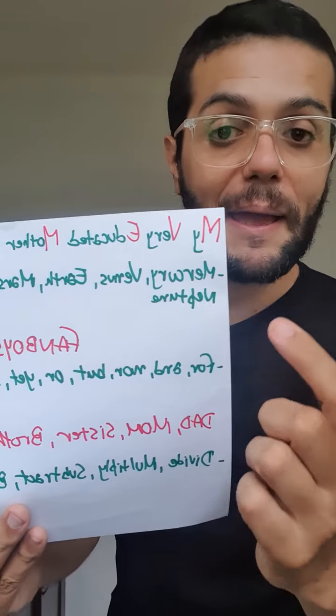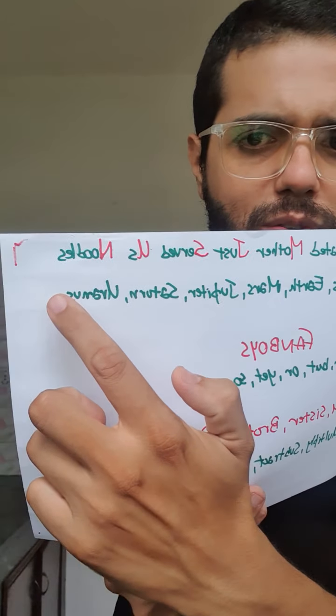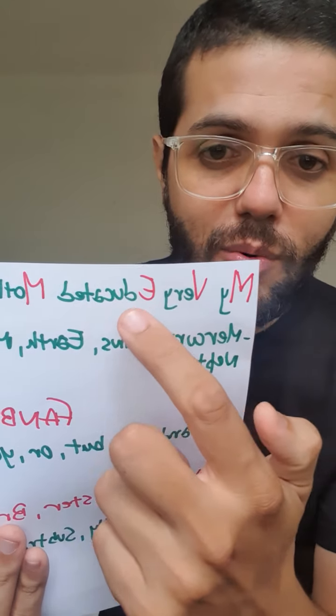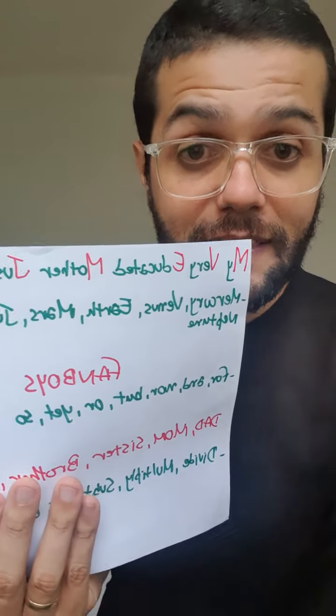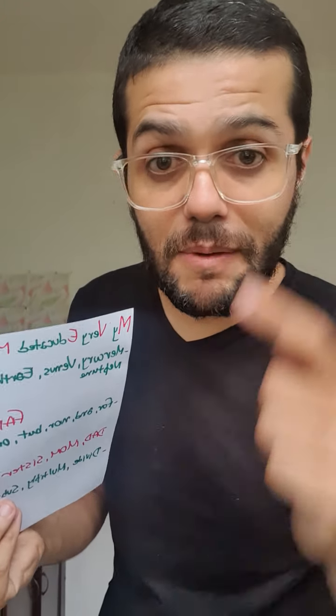But if you have a sentence that helps you remember the order of the planets, for example, a sentence like, my very educated mother just sent us noodles. Maybe you tell me, teacher, there's no sense in this sentence. How can this sentence help me remember the planets? But if you check, the first letter of every single word, in red here, represents one planet. This way, we can have the order of the planets memorized.